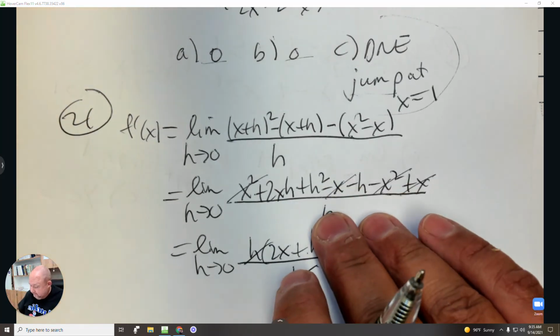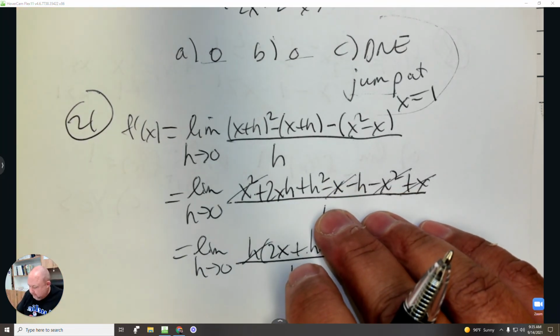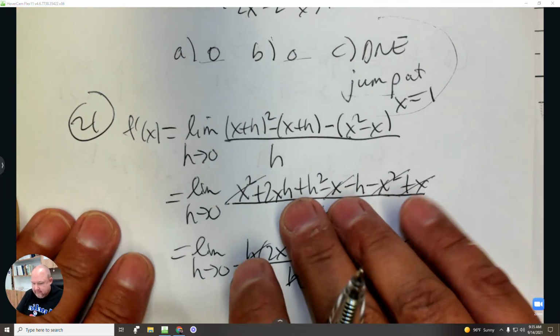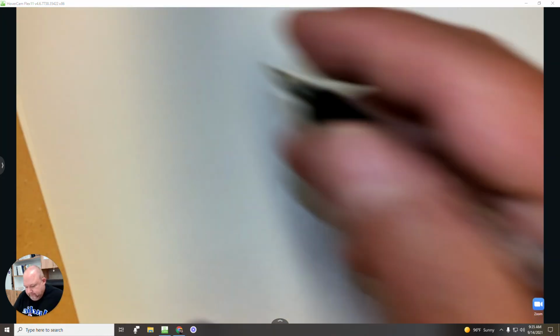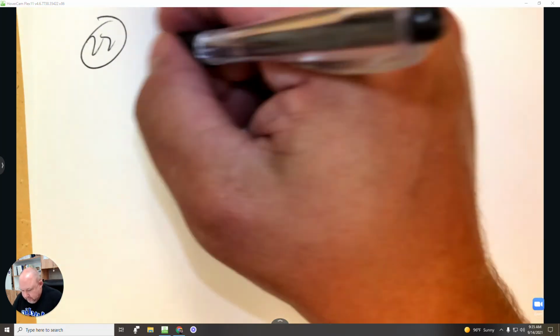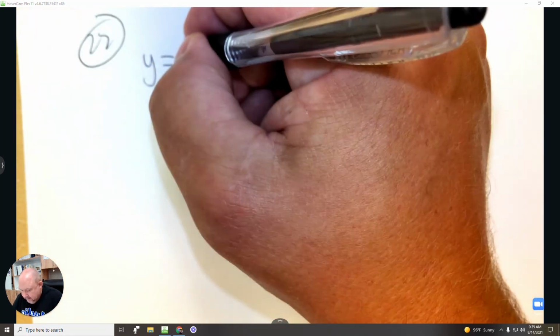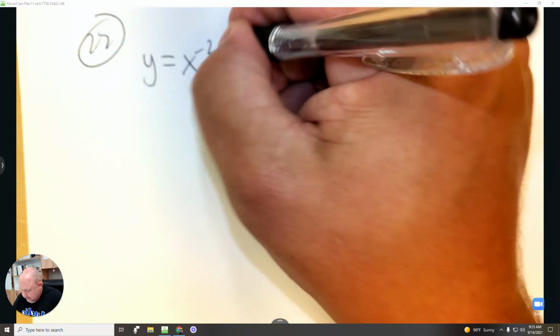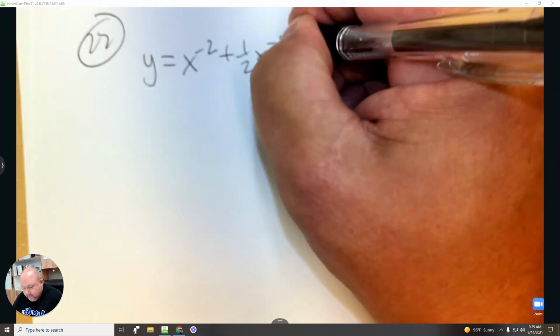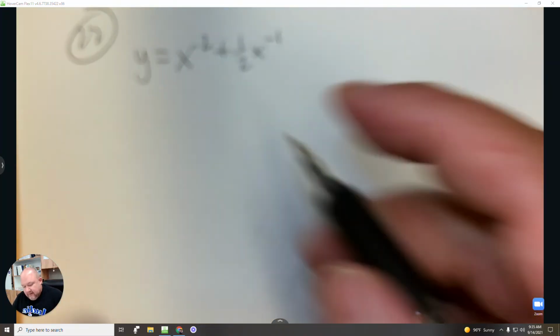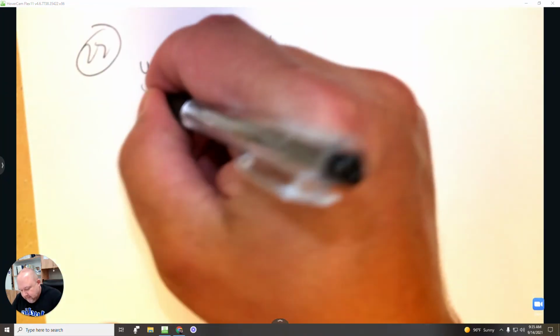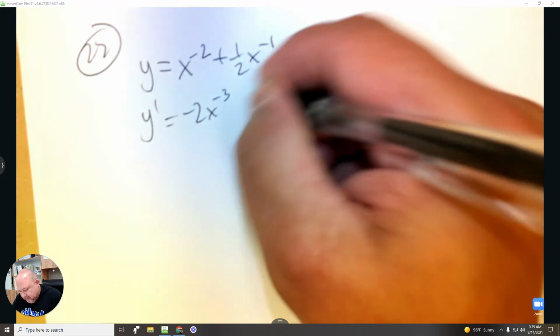22. We just did 21. 22. 3 left. In number 22, y equals, it is not calculus friendly, so I'm going to do it right away. So now it's calculus friendly. Find the second derivative. So the first derivative, subtract 1.